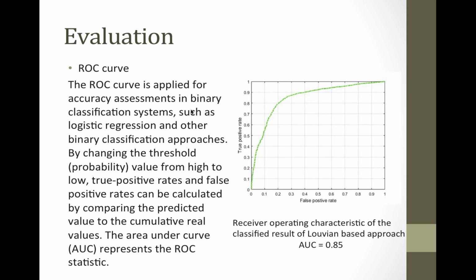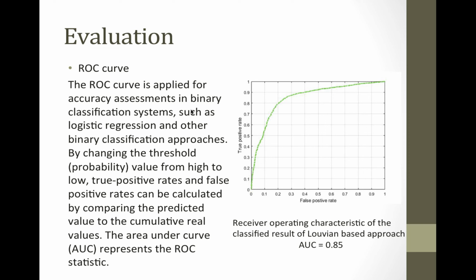Another approach I used is the ROC curve. The ROC curve is widely used in binary classification systems, and the process is by changing the threshold value from high to low. The threshold value is the probability predicted by the classifier.